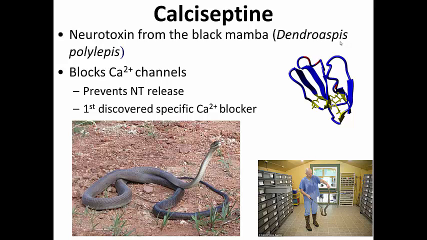So on the screen, we have a black mamba. Black mambas are one of the most venomous snakes in the world, and no one, in recorded history, survived a black mamba bite up until the late 1960s when antivenom became available. They produce a toxin known as calciseptine, a neurotoxin that interestingly blocks calcium channels.